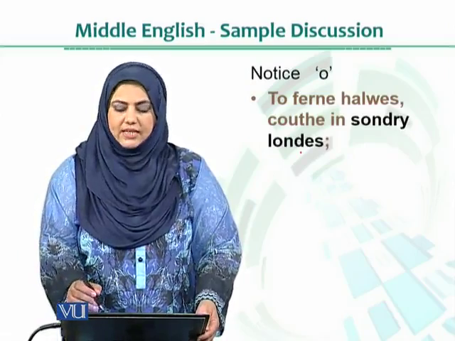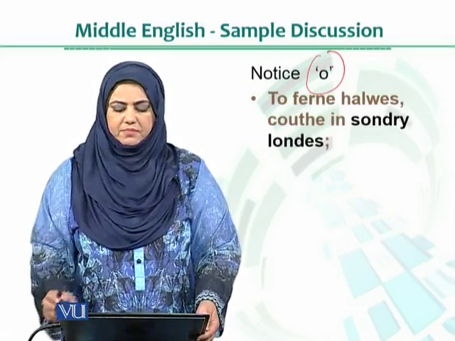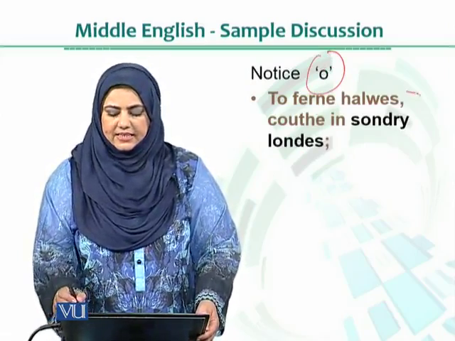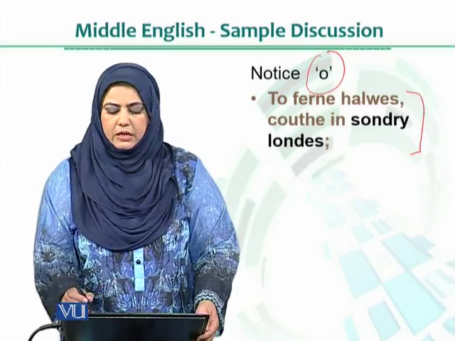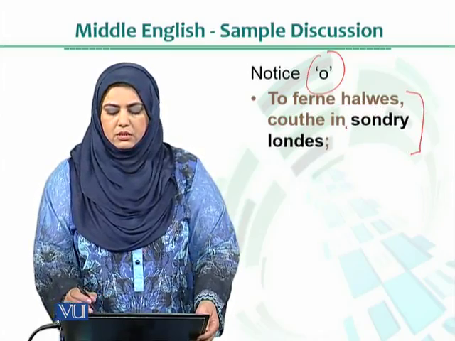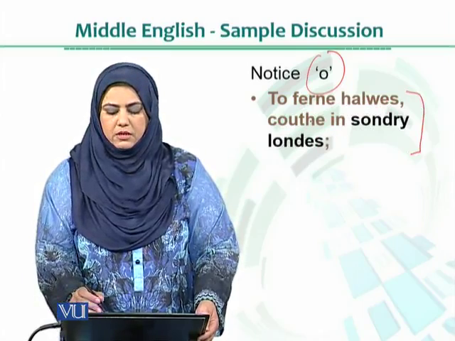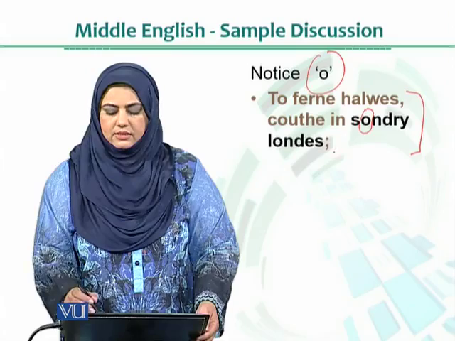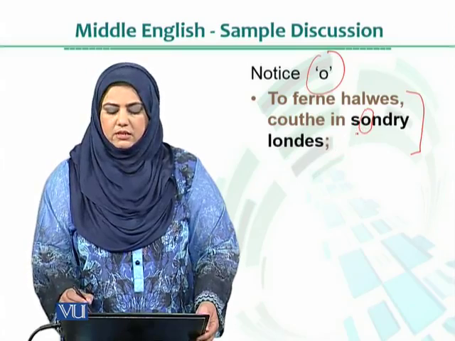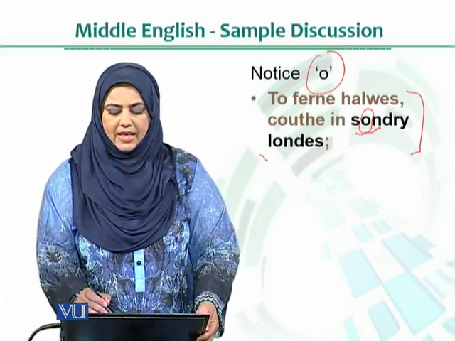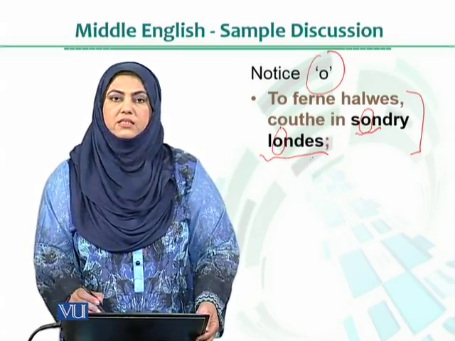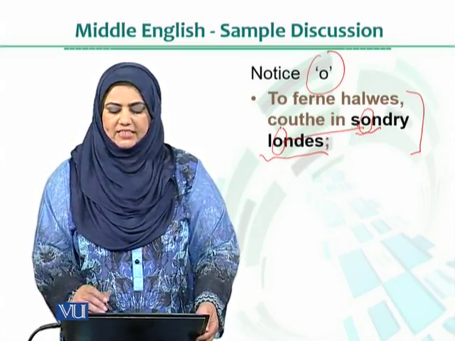Also, notice another vowel. This is the text now: "To ferne halwes, kowthe in sondry londes." Notice this: sundry, far off, lands. In both of these words, you can notice what has happened.